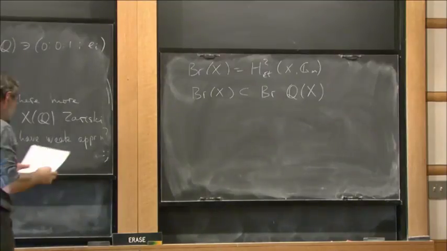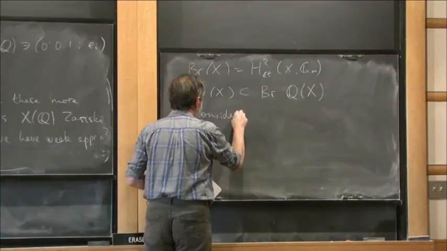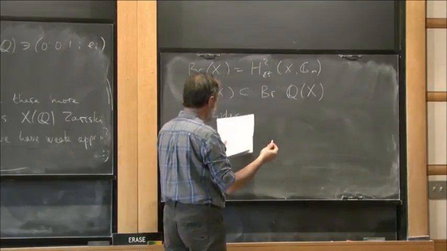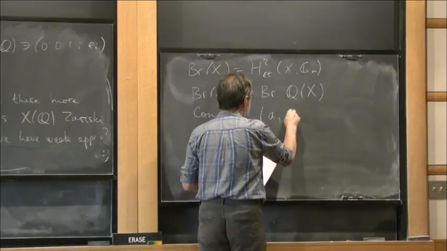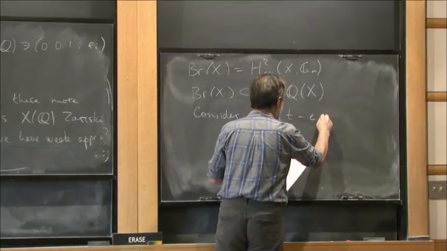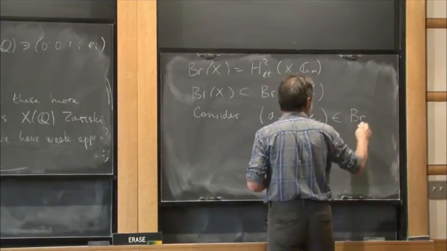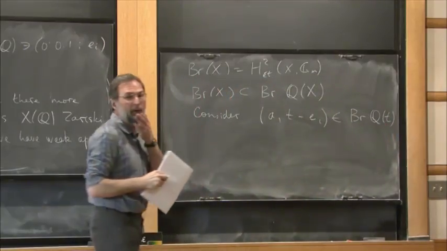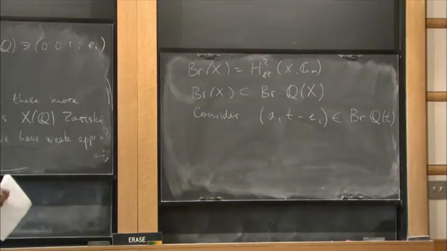So consider the quaternion algebra and the class defined by the quaternion algebra in the Brauer group, namely, think about this symbol. It's a class of the quaternion algebra in the Brauer group of the function field of the base.